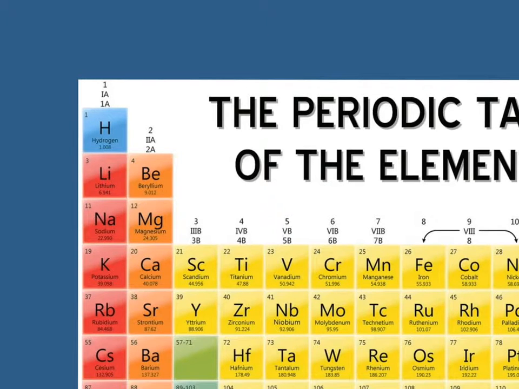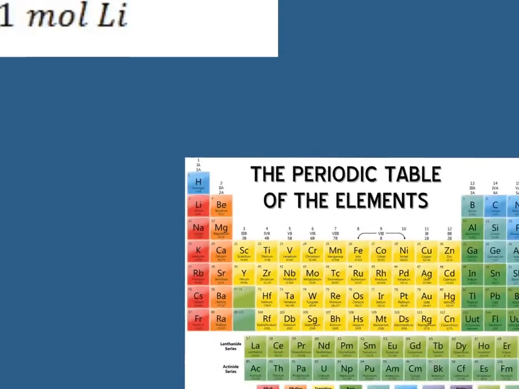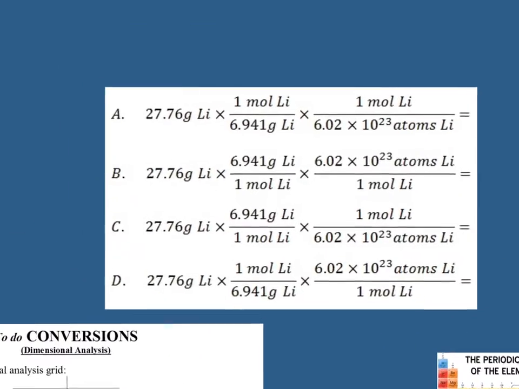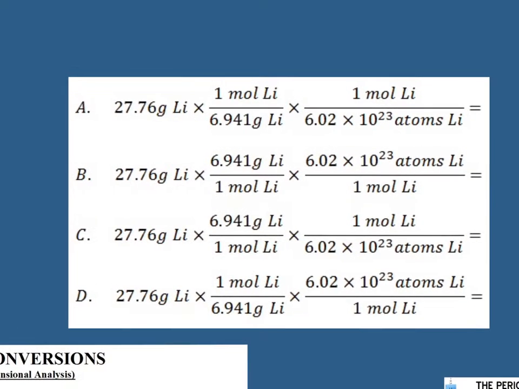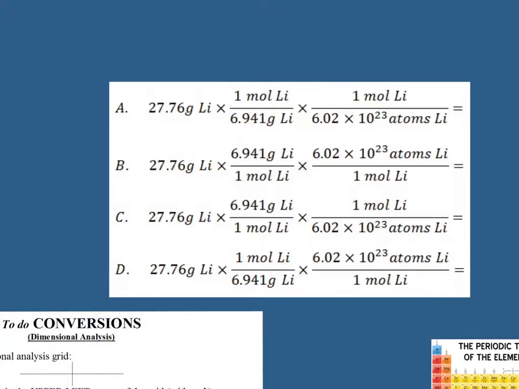It is for a mole of lithium atoms. Atoms are too small for us to see by themselves, so we have to have a huge amount of them, a mole of them, in fact, to be able to measure a good amount. So I know that I should be seeing 6.941 grams somewhere in here in order to be able to cancel out the sample that they've given me.